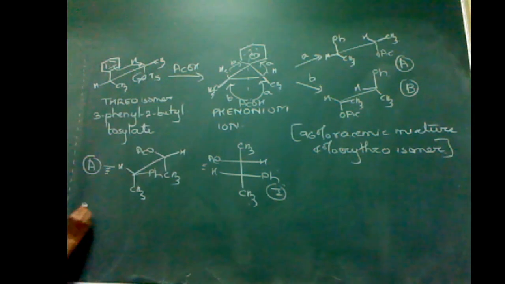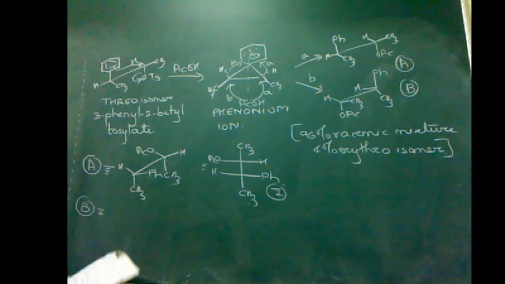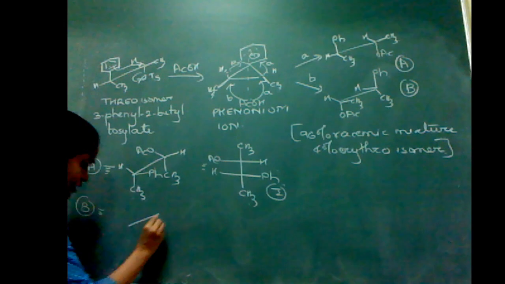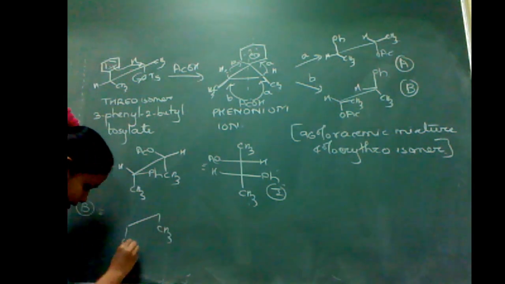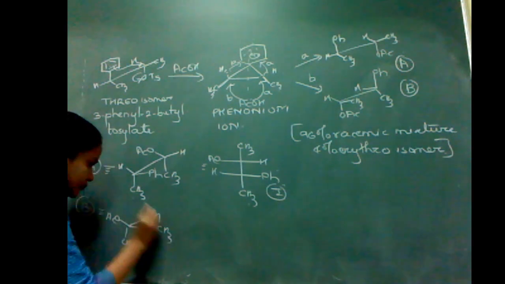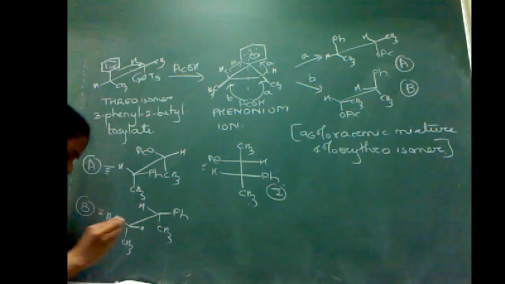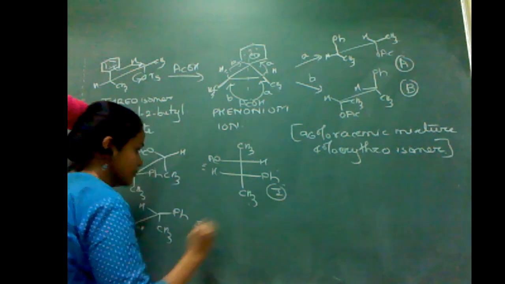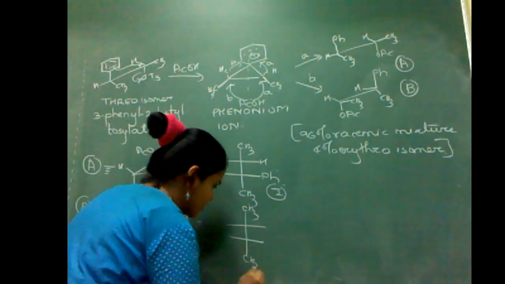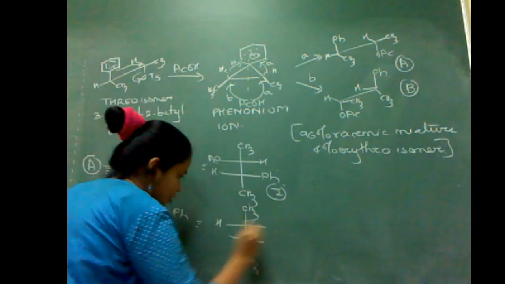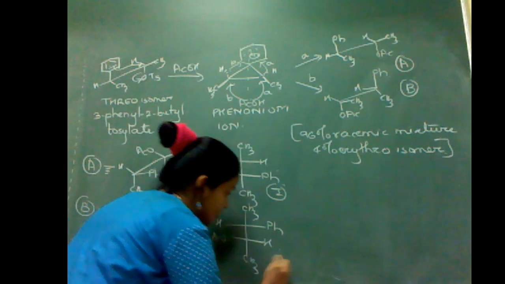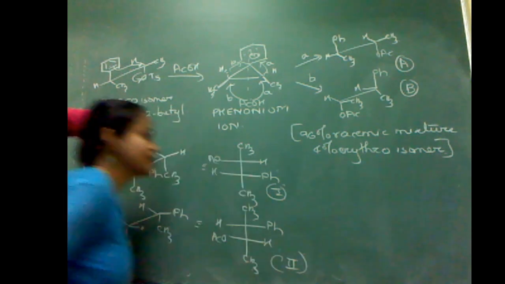Then when you have your B which you have written, you can convert it into the eclipsed representation. Then CH3, H, Ph, OAc and H. So you get this as structure 2.